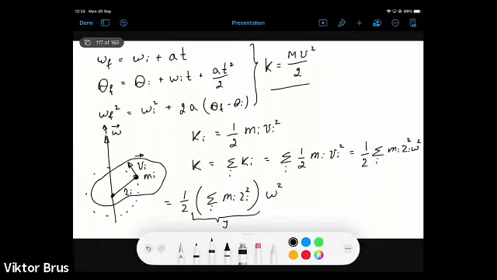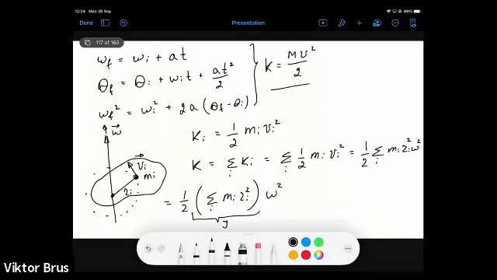And this moment of inertia is a unique feature of the body and is defined as a body-axis combination. So it's always defined with respect to a certain axis of rotation. You cannot determine this parameter just in general for a body, because you always need to define the position of the axis of rotation.